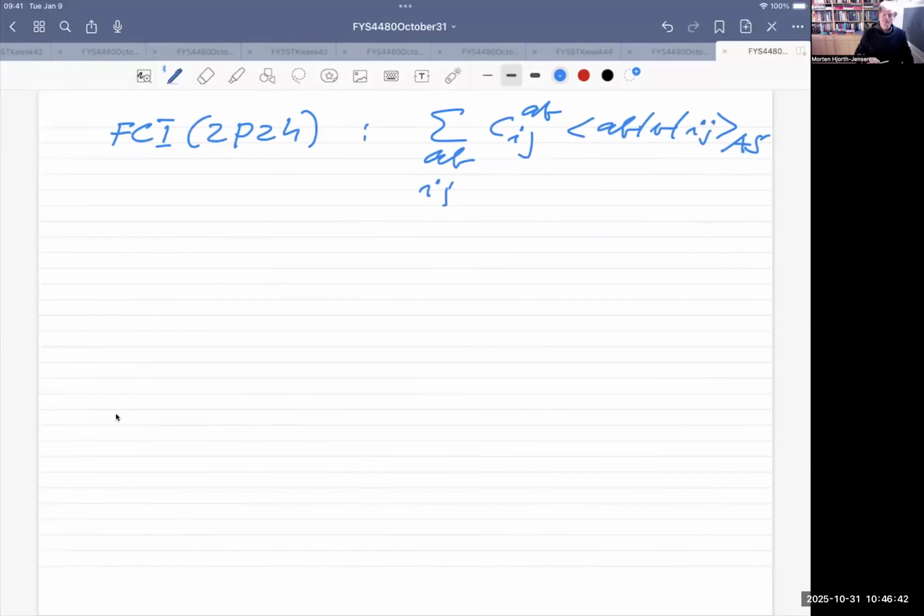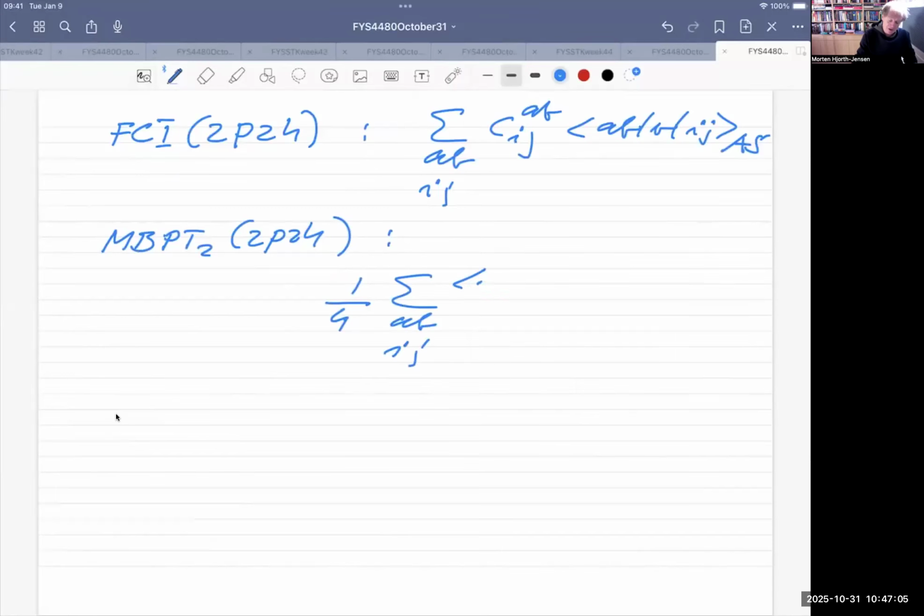And now you see that when we do this in many-body perturbation theory to second order, MBPT(2) for the two-particle two-hole part, this is going to be given by this factor 1 divided by 4. And then I have a sum over AB, IJ. And now I have the anti-symmetrized integral <IJ|V|AB>, and then the anti-symmetrized <AB|V|IJ>, divided by epsilon_I plus epsilon_J minus epsilon_A minus epsilon_B.